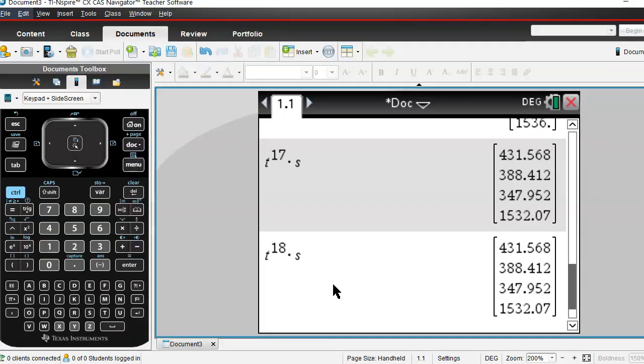So we found that steady state, 431.6, 388.4, 347.9, just because otherwise I'm rounding.